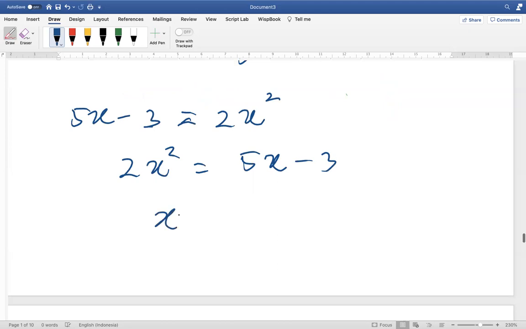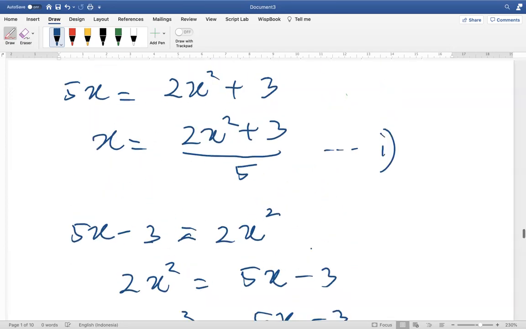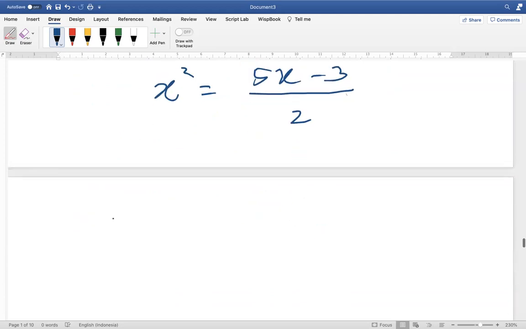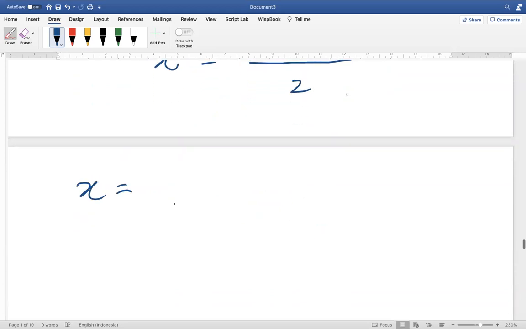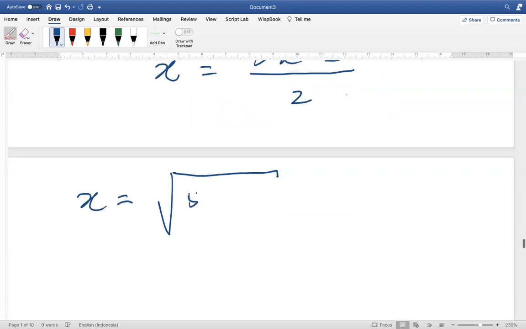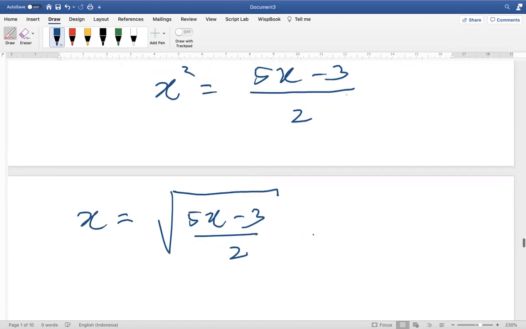Then x squared is 5x minus 3 over 2, and we have x equal to the square root of 5x minus 3 over 2. This is the second arrangement.